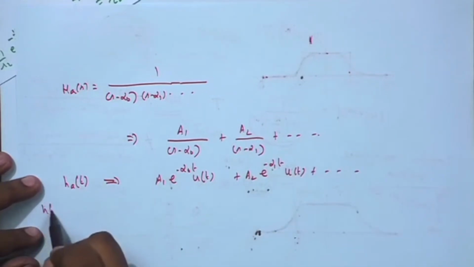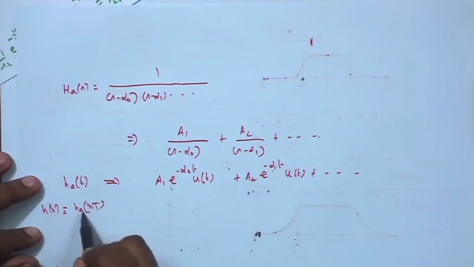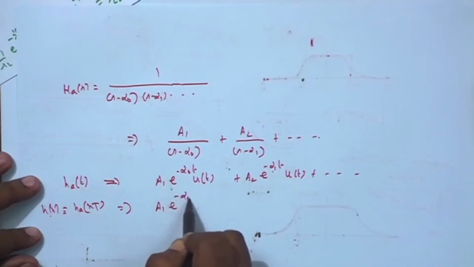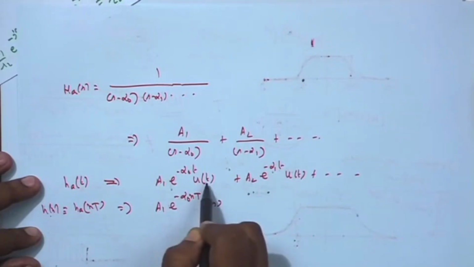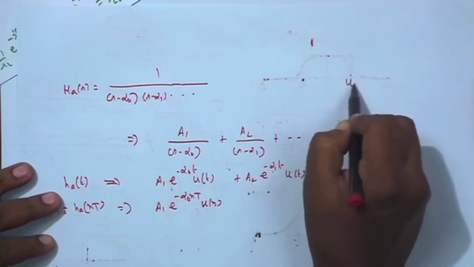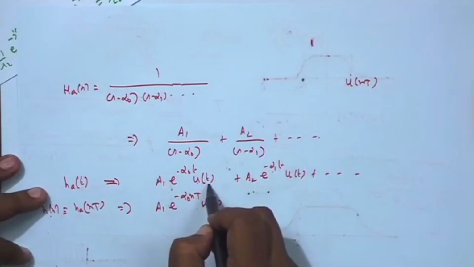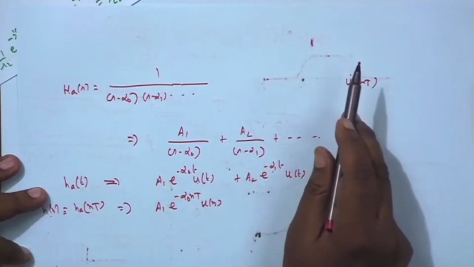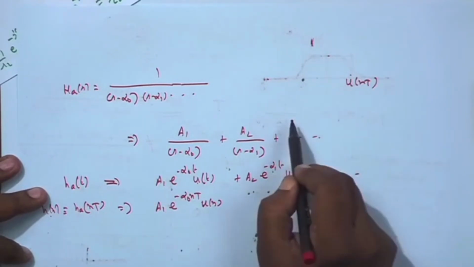Now, if I sample it at the chosen sampling period T, so h[n] will be h_a(nT), meaning A1 e to the power minus alpha 0 nT u[n], because u(nT) means the same as u[n]. The original analog unit step function at nT will be 1 if n is positive, and if n is negative it will be 0.